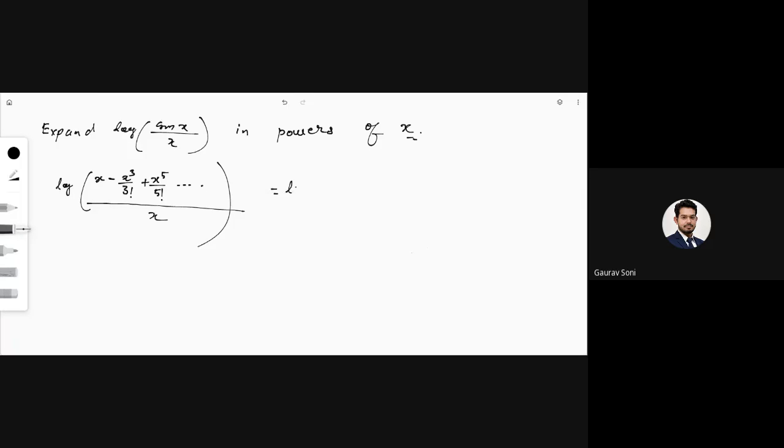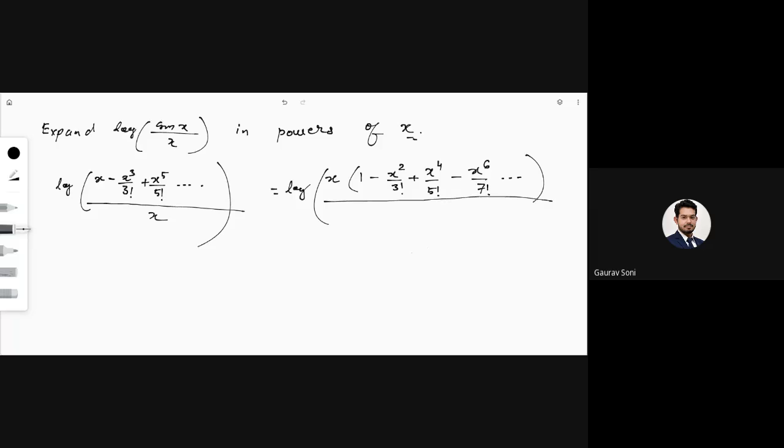So this will be log of, I can take x common from the numerator, and in bracket what I get is 1 minus x square by 3 factorial plus x raised to 4 upon 5 factorial minus x raised to 6 upon 7 factorial, and so on.